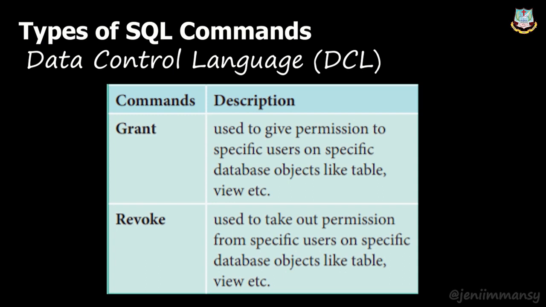In this data control language we have two commands, grant and revoke. Grant is used to give permission to specific users on specific database objects. Revoke is used to take out the permission from specific users on a specific database object. Grant means granting permission.